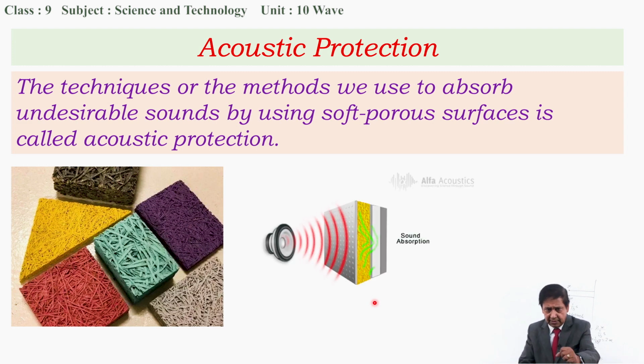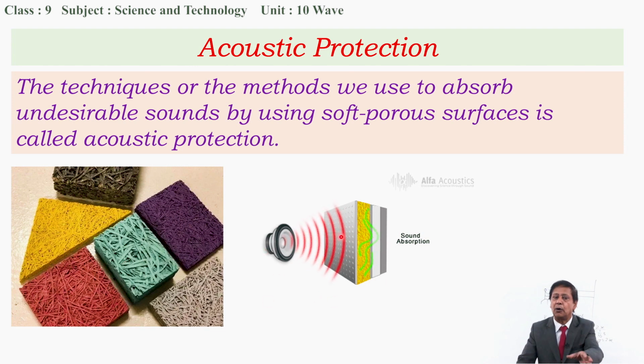Look at this. This way we can understand clearly: this source is producing sound, and when it strikes this type of surface where there are many pores, the sound waves are absorbed in this material, due to which reflection is prevented and undesirable sound is removed.